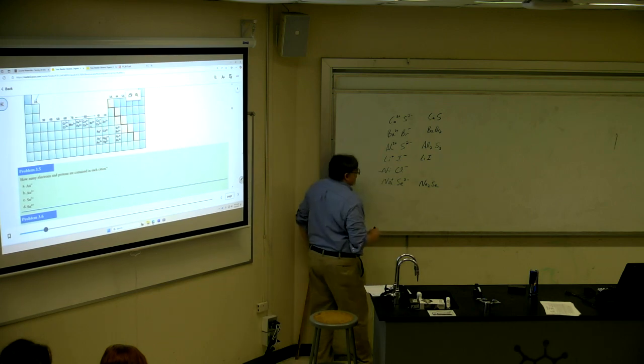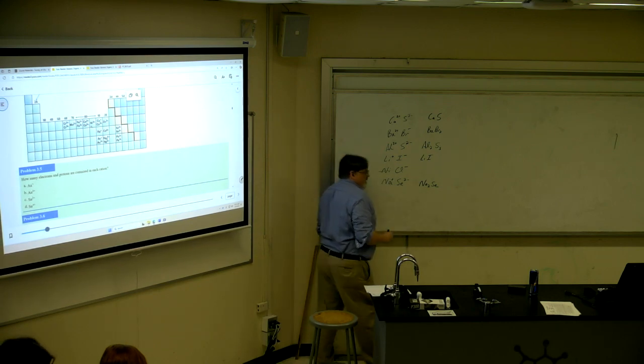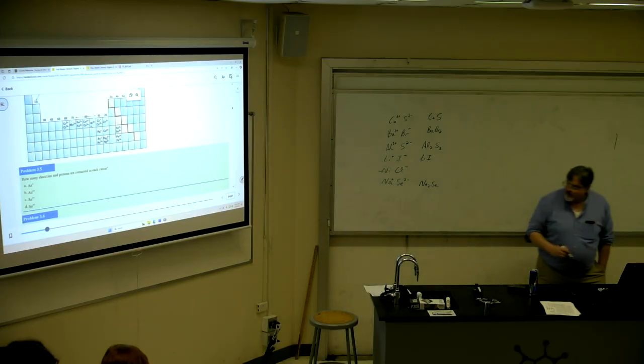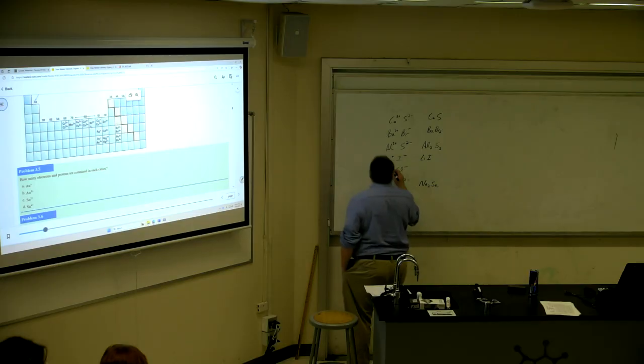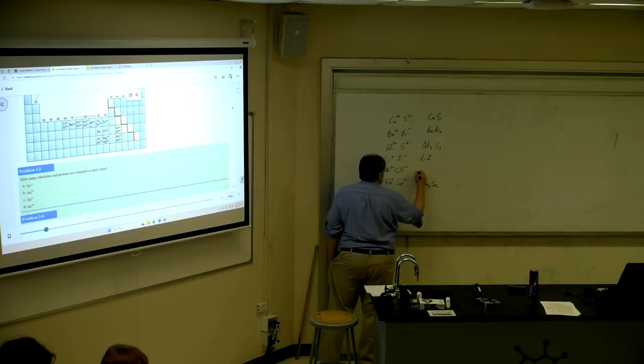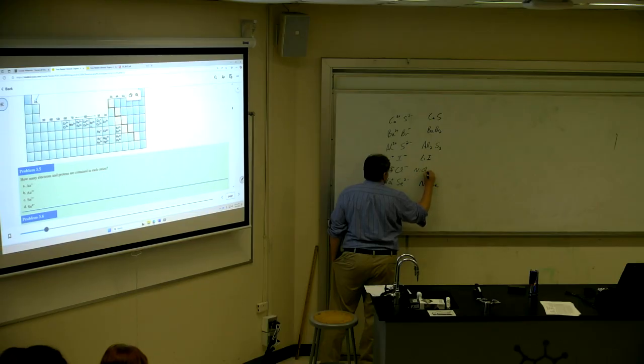If it's a transition metal, you have to be told the charge. They're not telling you the charge here. They're assuming it has a constant charge, but I won't ask you that on the test. So they're saying nickel 2+.